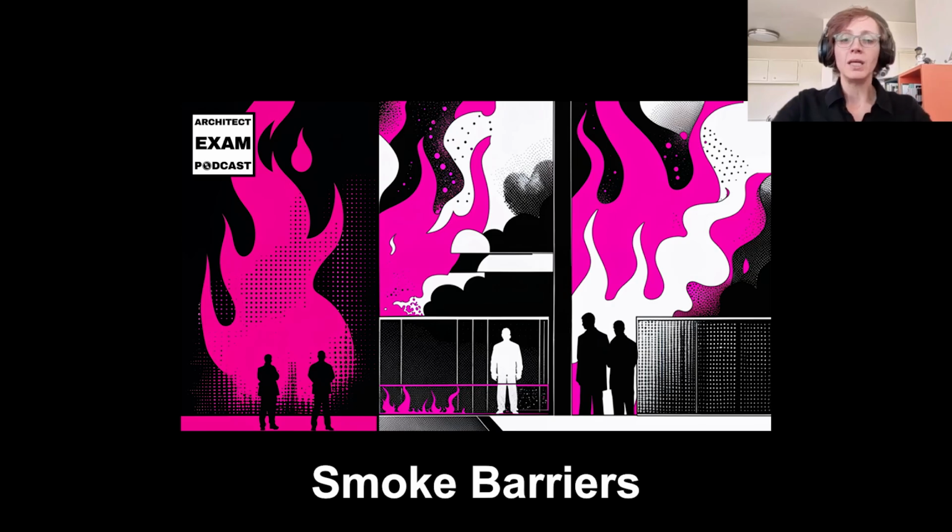What are some of the key characteristics of smoke barriers? Even though it says smoke barrier in its title, typically it's a 1 hour rated wall and it has to be continuous through concealed spaces. There's focus on both smoke containment and fire resistance.